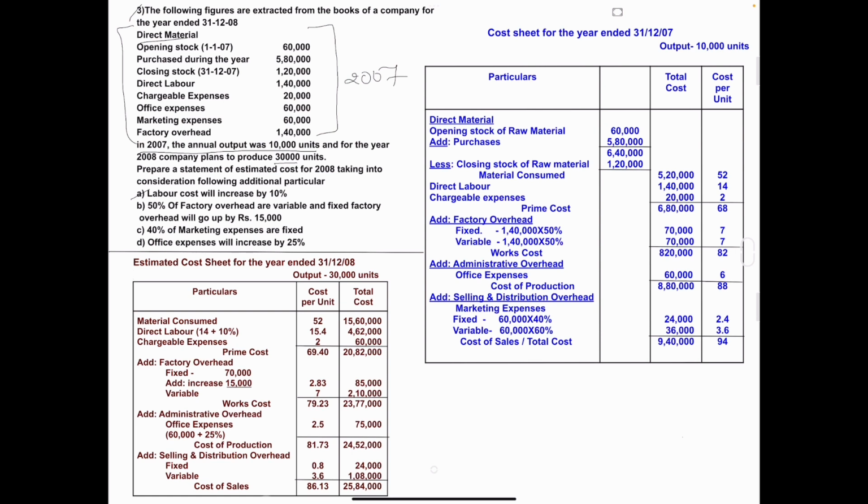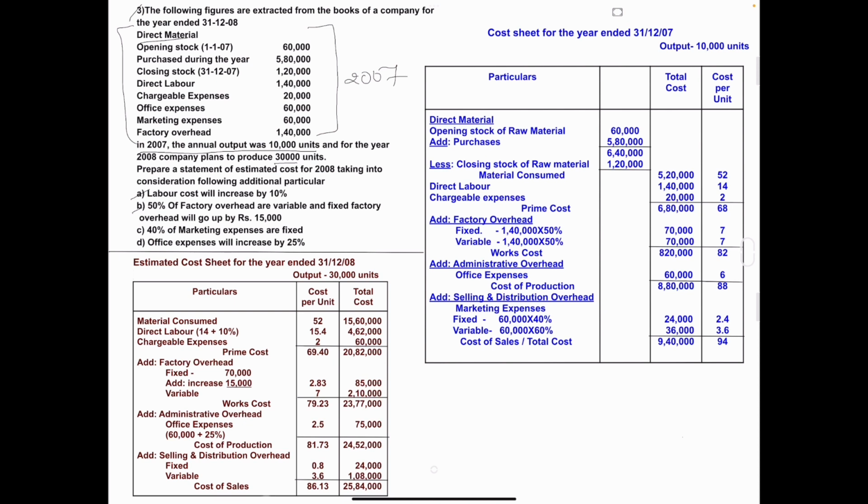A. Labor cost will increase by 10%. B. 50% of factory overhead is variable and fixed factory overhead will go up by rupees 15,000. C. 40% of marketing expenses are fixed. D. Office expenses will increase by 25%.